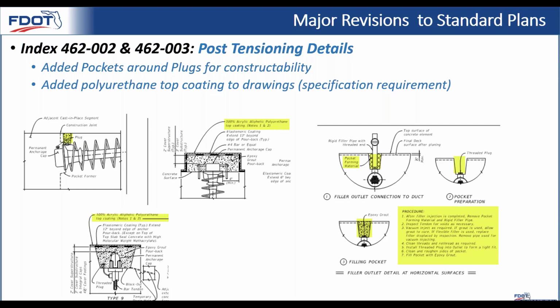Before it was very tight and very difficult. Also went through the procedure notes and updated those to make them more clear. And the polyurethane top coating, which was in the specifications, has been added to the drawings to highlight that requirement for both super and substructure post-tensioning.